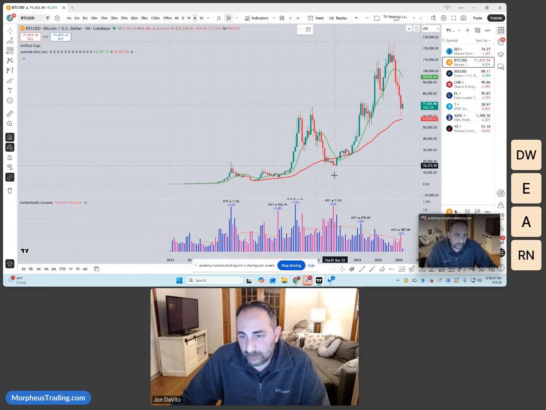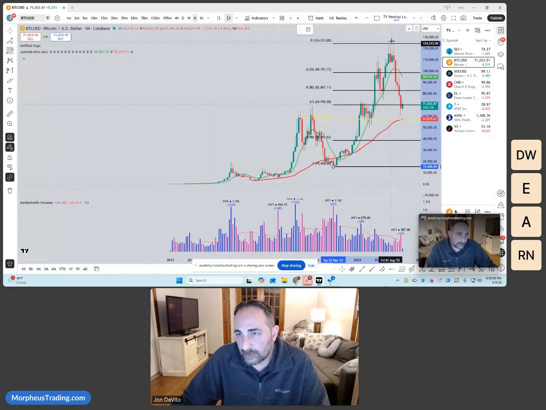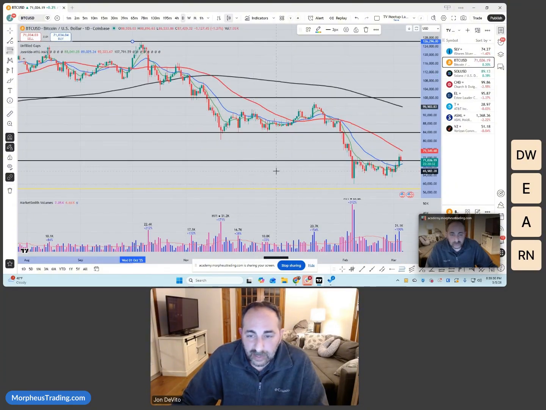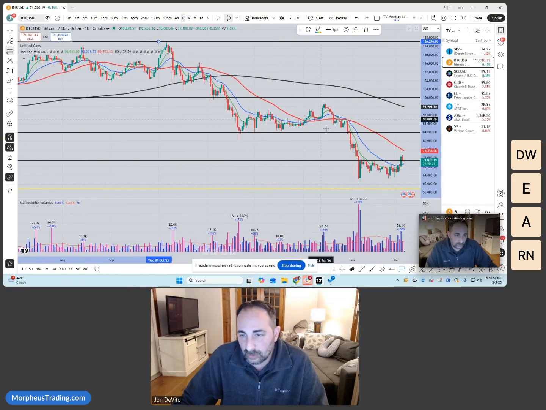So let's pull a fib from what makes the most sense to me right now, this. Just looking at it, that's what makes sense to me. And this confluence zone looks like it makes the most sense. That's 618. It's coming right into the moving average. You have all the chop here and everything else. Moving back down to the daily level, you can still see the fib on the chart.